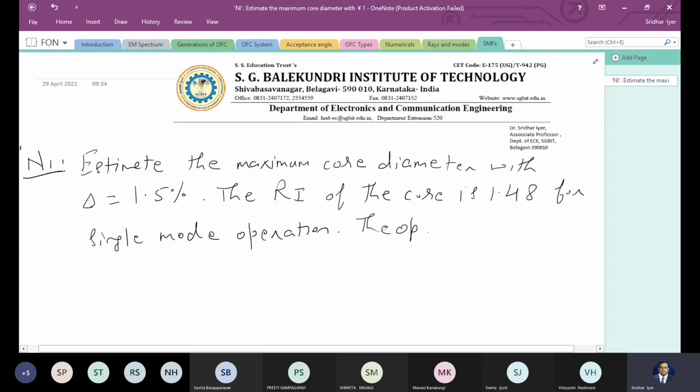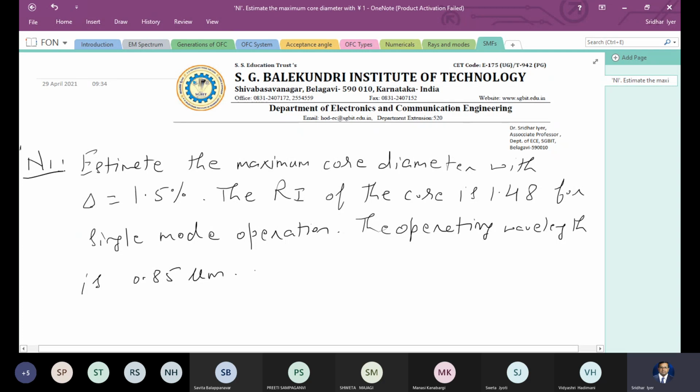The operating wavelength is 0.85 micrometer, and so we need to estimate the core diameter, not the radius.